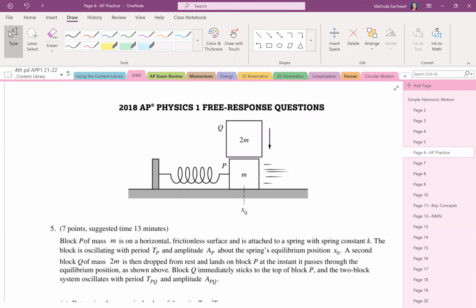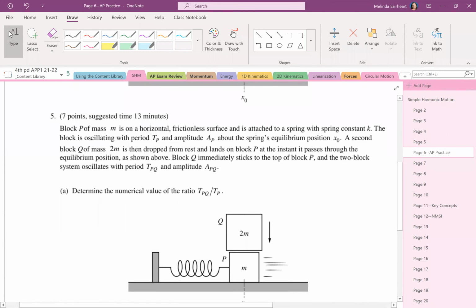If there's a collision, what topic do you probably need to use? Momentum. There's a height change. There's a spring. You're going to have some energy. And the first question is about period. It's going to oscillate, okay? So it's simple harmonic motion, it's energy, it's momentum. Triple topic there. So we'll do that one as well as a couple other ones.